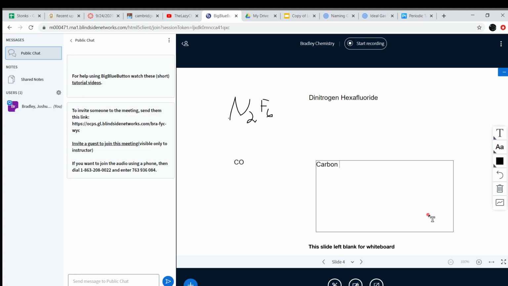However, on the first element, we're not ever going to write mono. Because if it's just that element, we're just going to leave it as carbon. Whereas the second one, it's going to be monooxide. But because this looks weird, we're going to get rid of one of the O's. And this is going to be carbon monoxide.